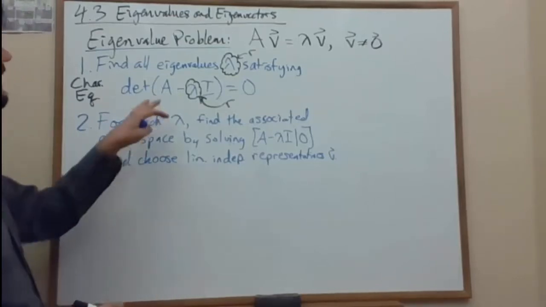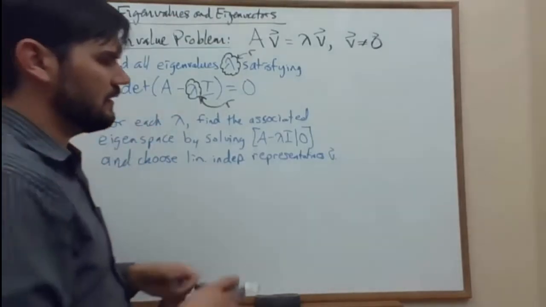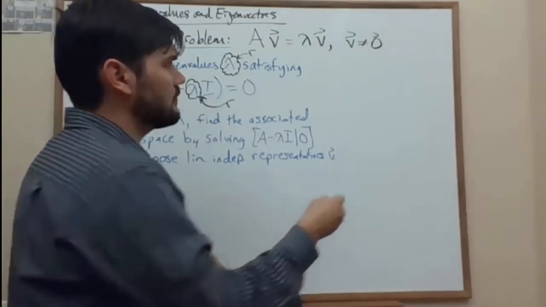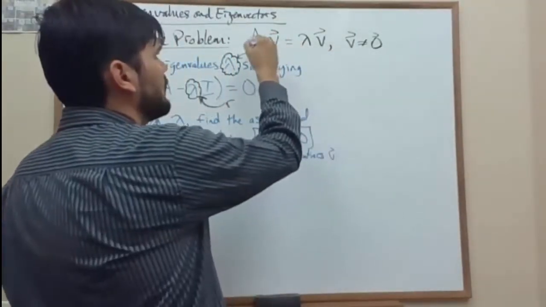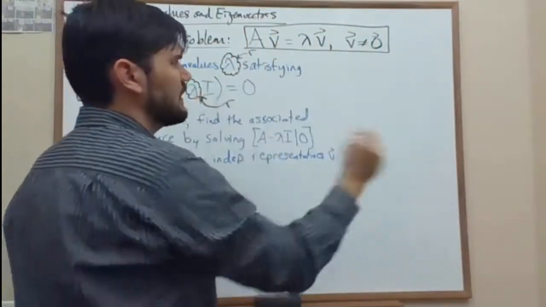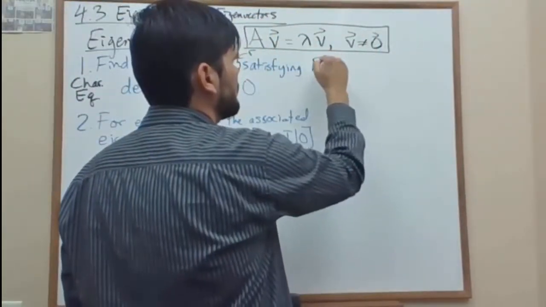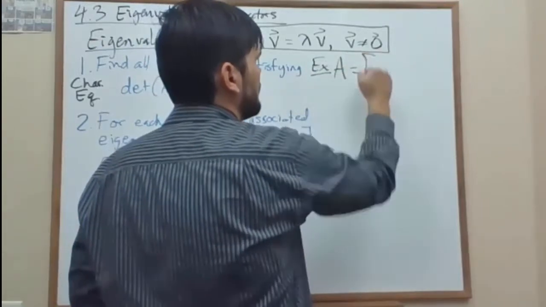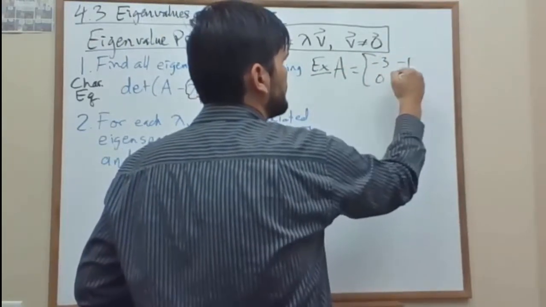So, let's start with our previous example, -3, -1, 0, -5.